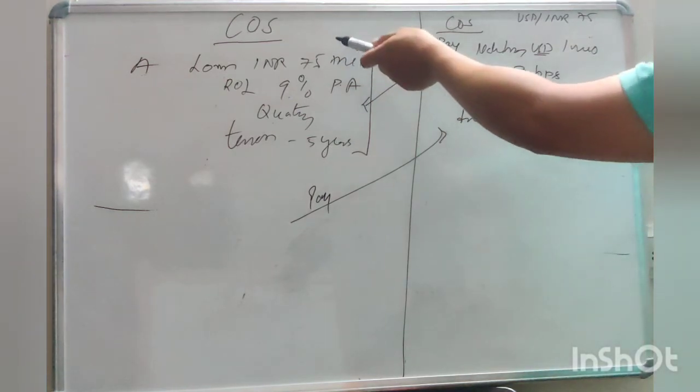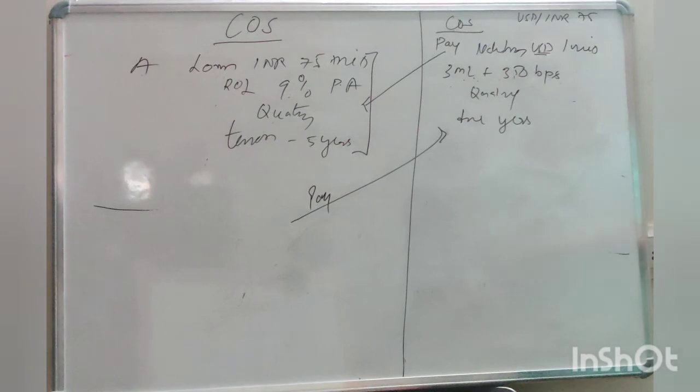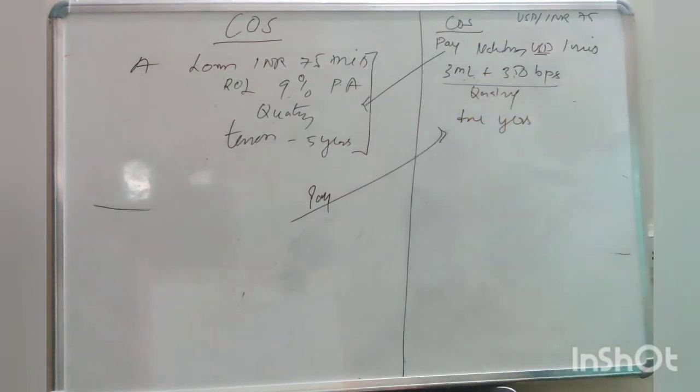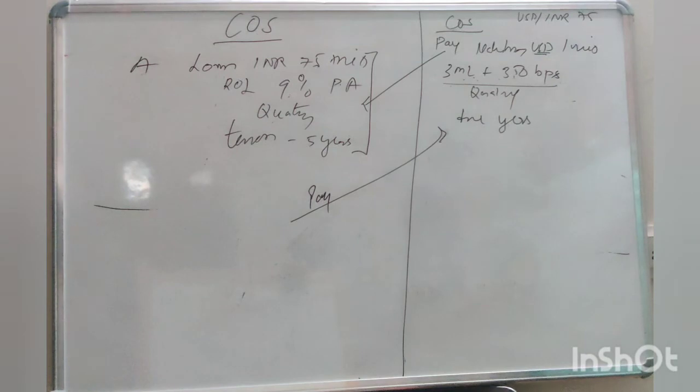So it means the customer has forward sold his USDs, and that will be used for these interest liabilities. This way the customer has converted his INR coupon to a USD coupon.